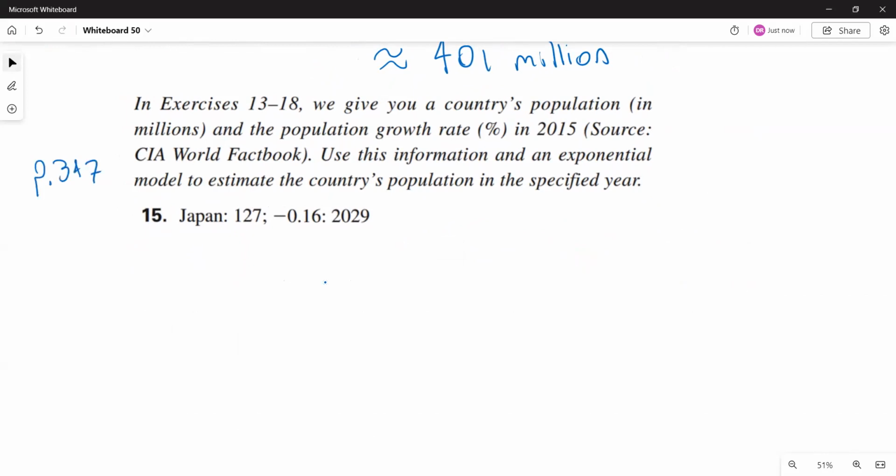We give you a country's population in millions and the population growth rate in 2015.